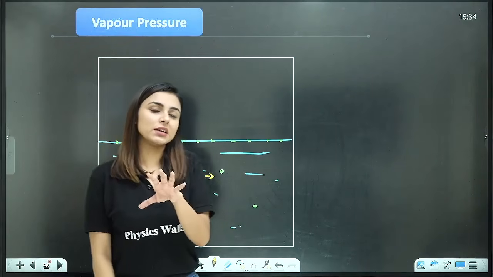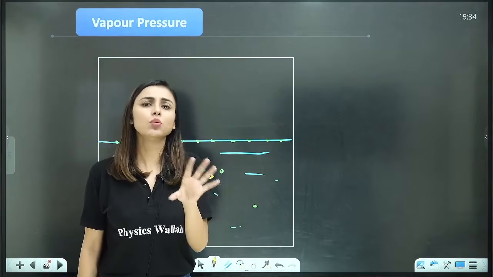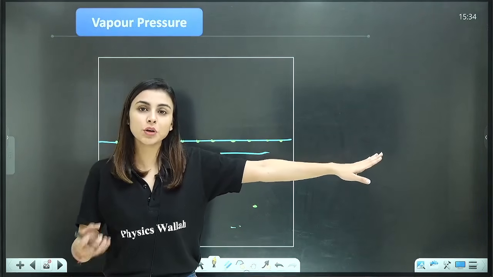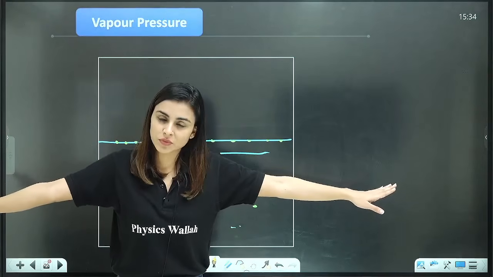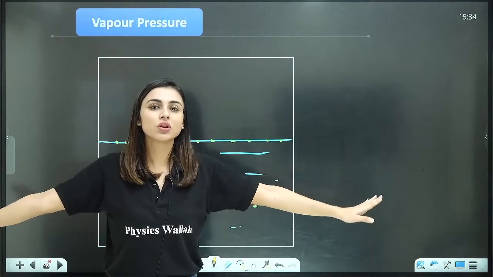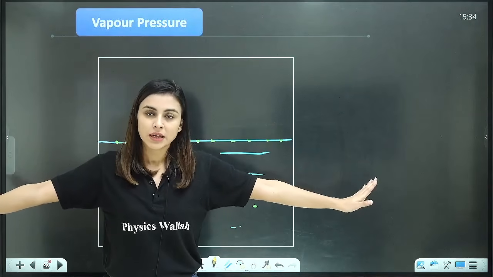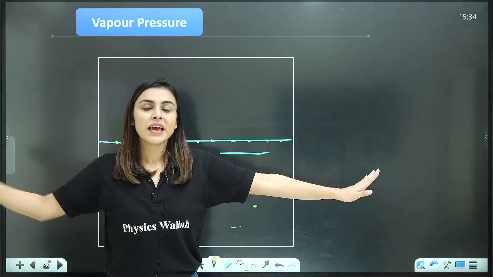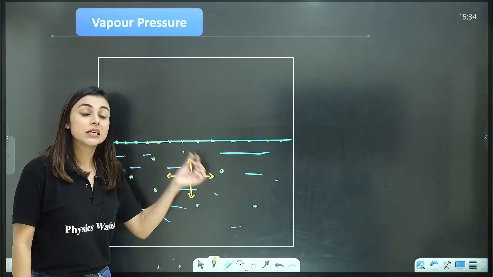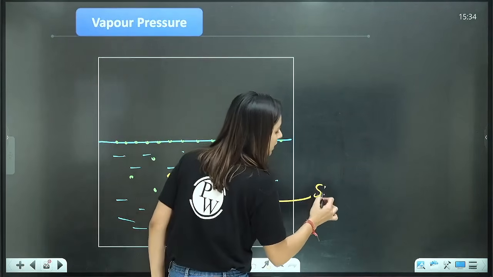So when somebody is in the bulk, it experiences equal forces. If somebody is trying to pull me from this side and somebody from that side, I will experience an equal force as long as they both apply an equal force on me. So I'll be stable. I don't have any net energy, because everyone is pulling me equally. So this particular particle is stable.